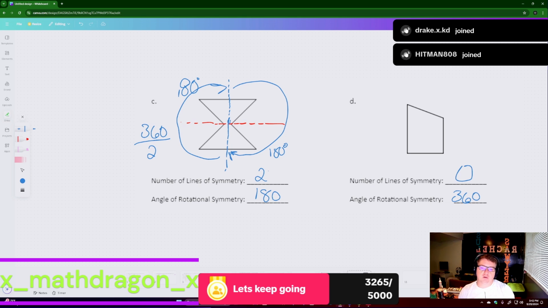So if it's 360 degrees, it does not have rotational symmetry. It's just we're spinning it back into place where we started from. So there's no rotational symmetry either. So we would put none here. All right. That's that case where you might not have any.